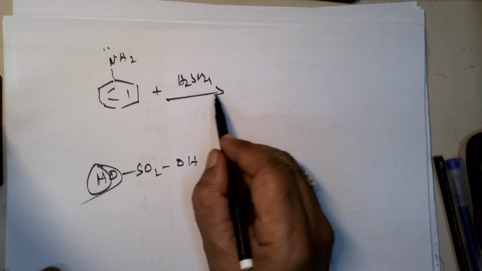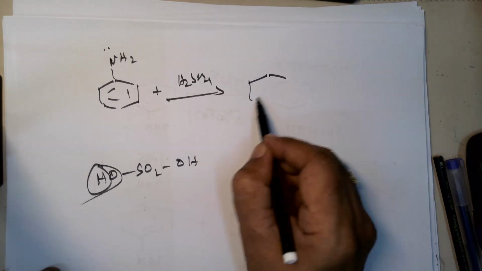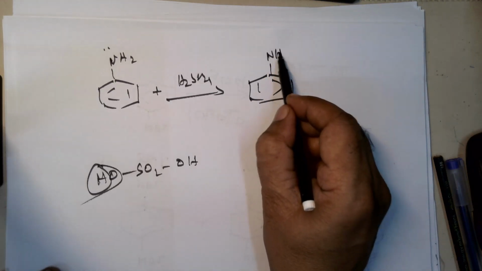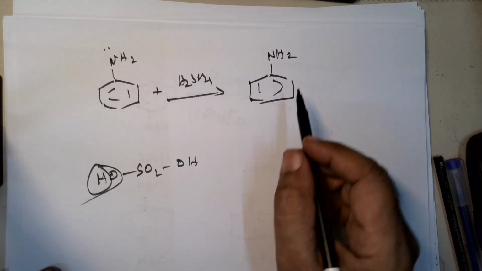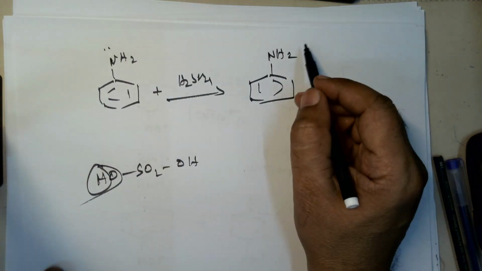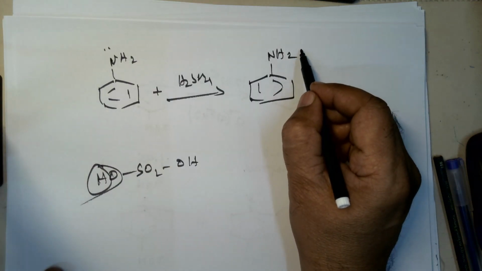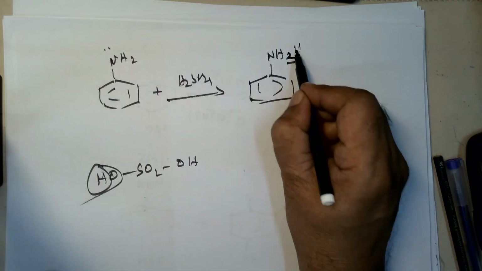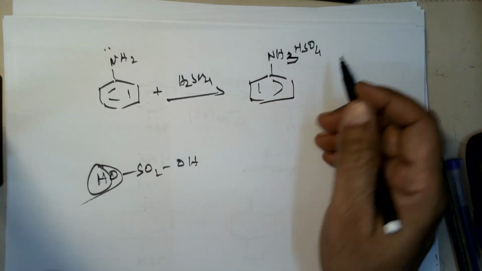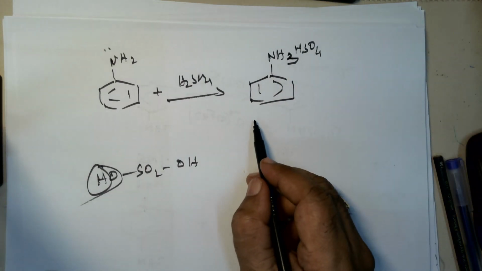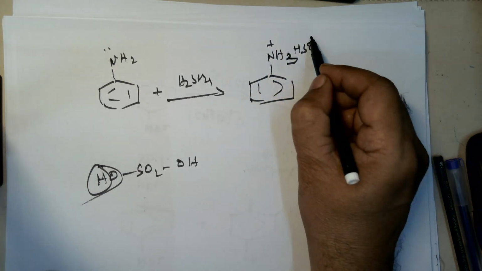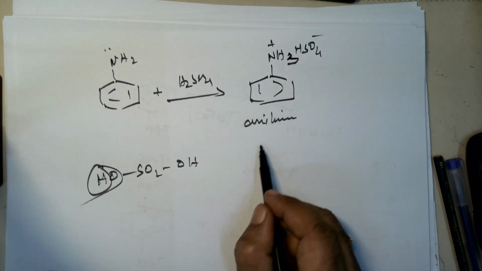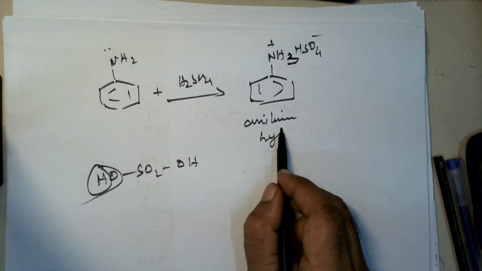So here you can have NH2, and this can once again join with H2SO4, so it becomes NH3HSO4. It is called anilinium hydrogen sulfate. This is plus, this is minus. Anilinium bisulfate or hydrogen sulfate.